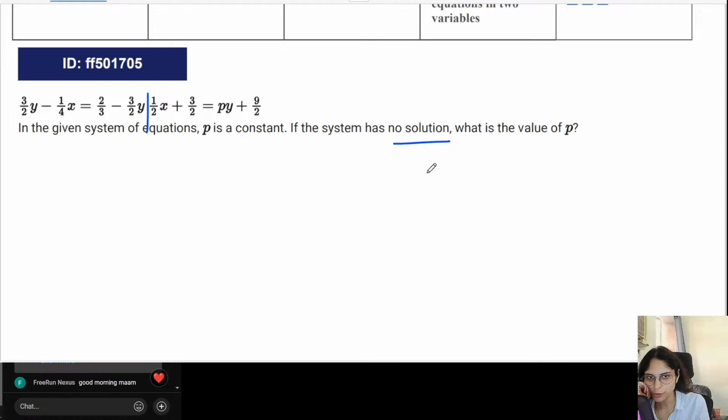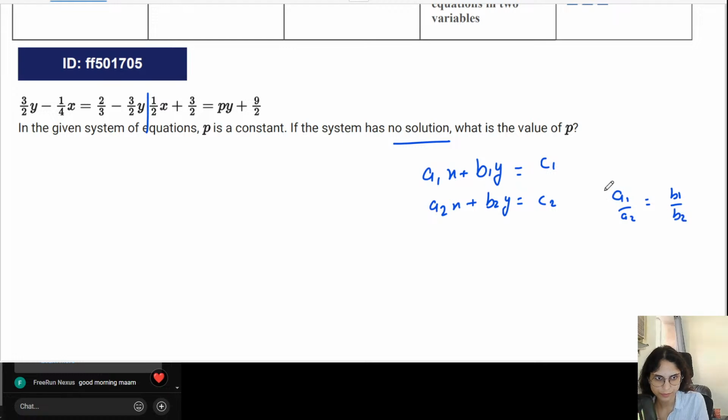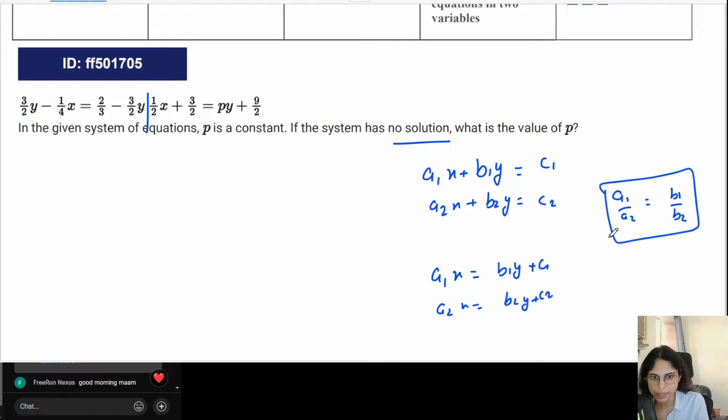No solution, like I told you, you don't have to convert to slope intercept form, but if it is in standard form, you're not even worried about the constants. Then A1 over A2 should be equal to B1 over B2. That's what we are interested in. You can also have A1x equals B1y plus C1. It could be in any form, it doesn't matter. There also, that is what we are interested in.